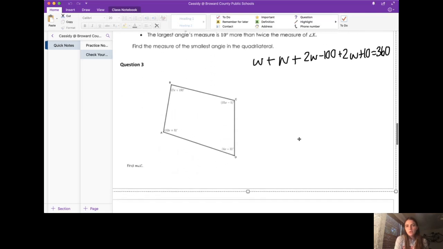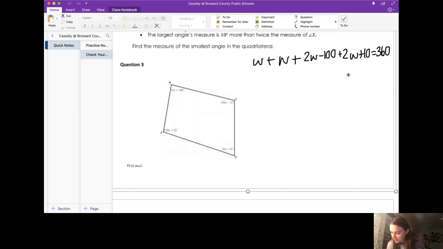From there, we're going to combine like terms and solve for W. We've got W plus 2W plus 2W. W plus W is 2W, plus 2W is 4W, plus 2W is 6W.